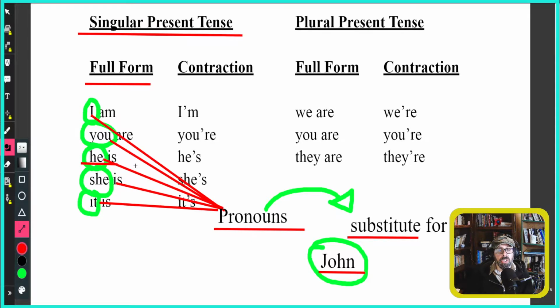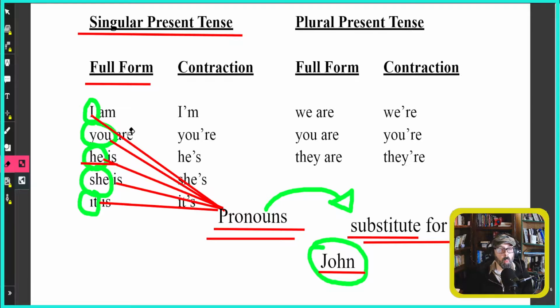Okay. So on the left side of the full form, you see I, you, he, she, it. Okay. What are they? These words are called pronouns. What do pronouns do? What are pronouns? They are a substitute for a noun. Okay. So they substitute for the noun. Okay.